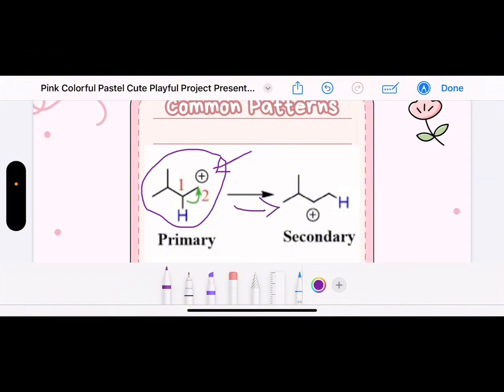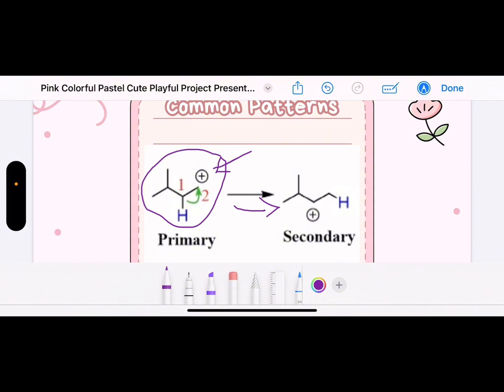So, 'di ba, kailangan man mo na-rearrangement para mo more stabilize ang carbocation. So, from primary to secondary. As you can see, dali raman siya masabtan.